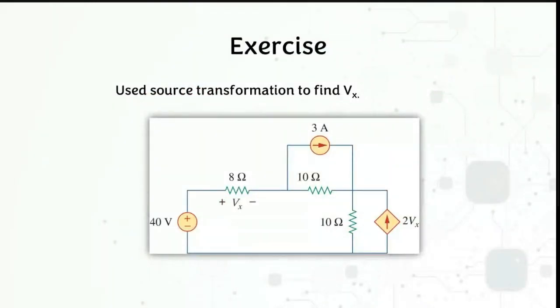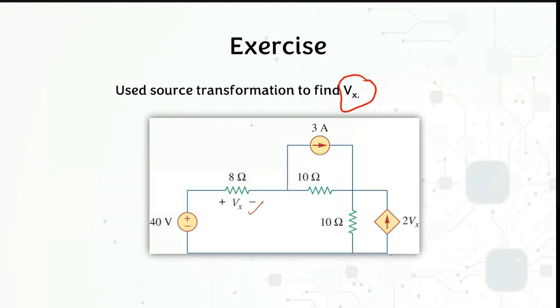Okay, so we have another example for this source transformation where the question asks you to find this Vx. So where is your Vx? This Vx is here. From this circuit, you might have a view of what you want to transform in order to get this Vx.